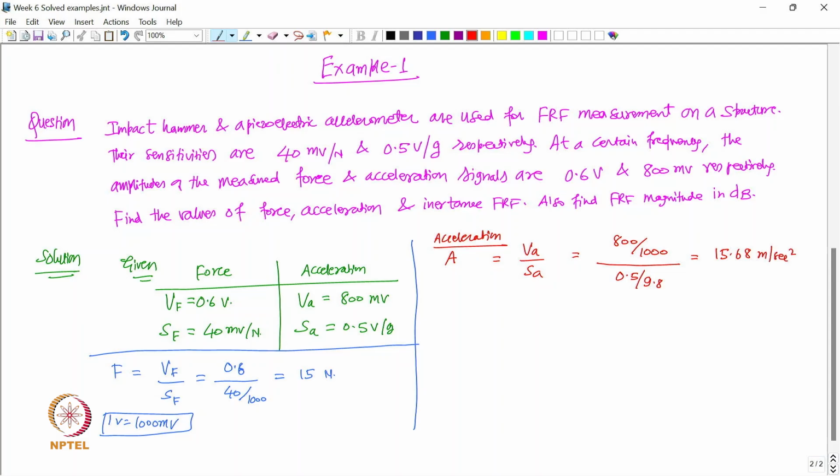So, 800 millivolts of voltage which we have got from the accelerometer corresponds to 15.68 meter per second square. That completes our calculation of acceleration, and the last thing is now inertance FRF.